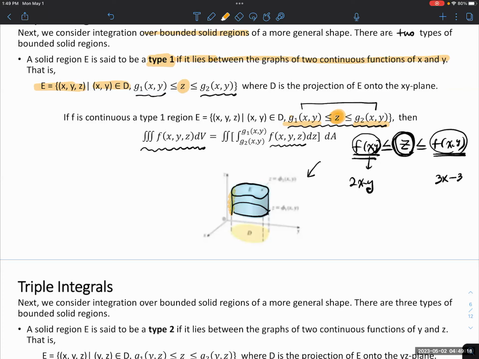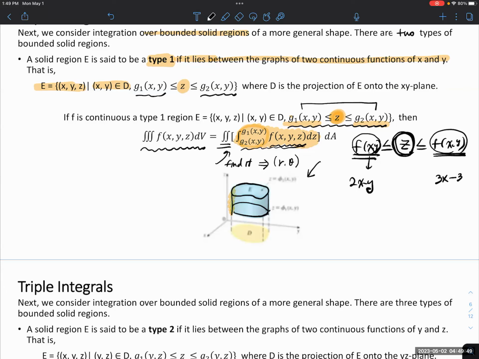When the z interval is given with a function that includes x and y, then you begin taking the integral with respect to z first, because that's a given. And then you're going to consider whatever the rest of the x and y interval is. Sometimes it is not given, then you have to find the rest of the x and y variables. If this function is very complicated, if you remember, we're going to change to the polar coordinate interval.